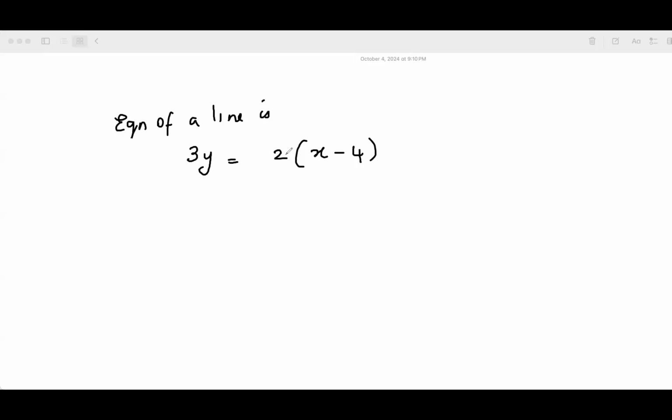I would like Raga to take a try. Is it point slope form or slope intercept form? Which form is this? Slope intercept form, I'll write it here. Anna, Madhvait, you can as well try.